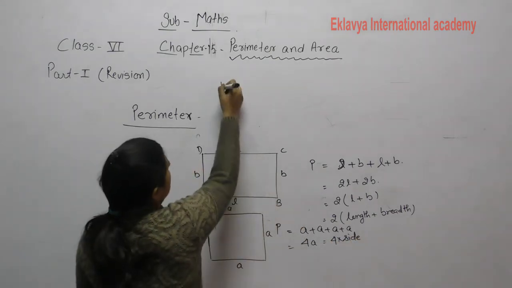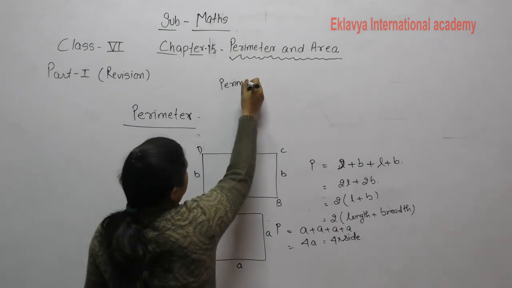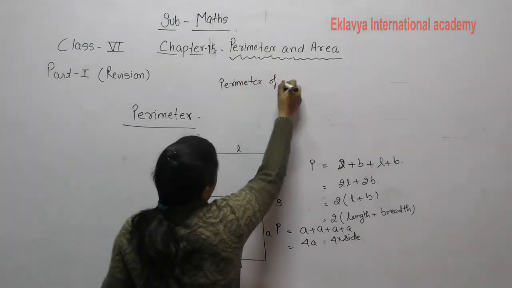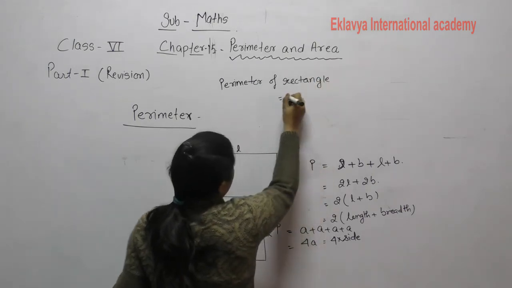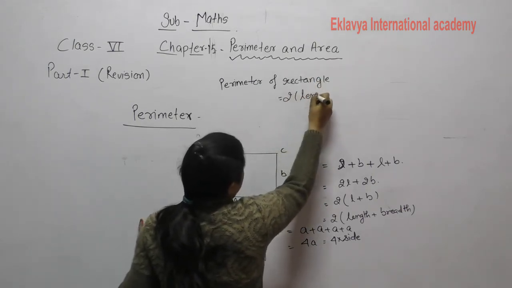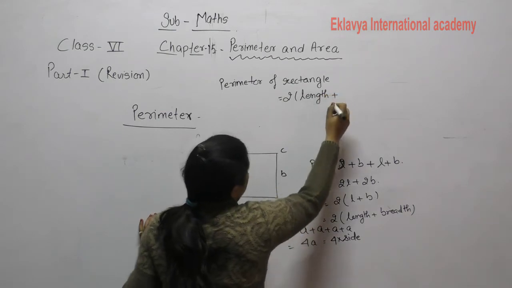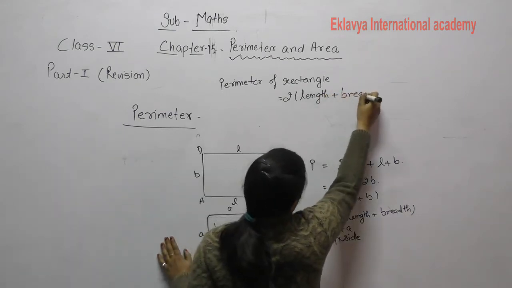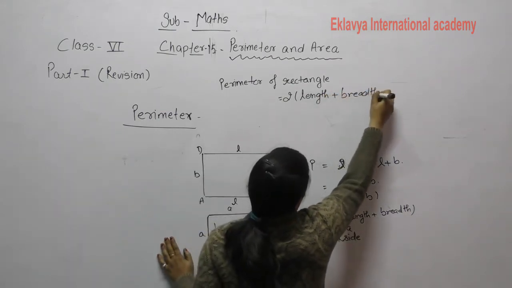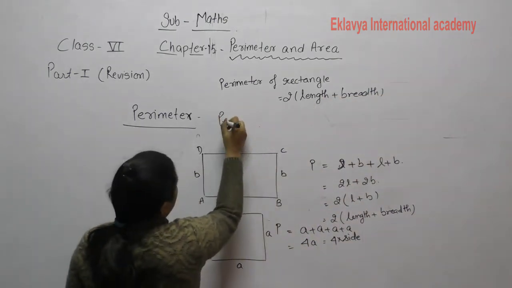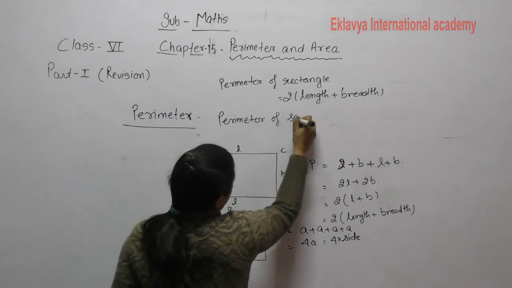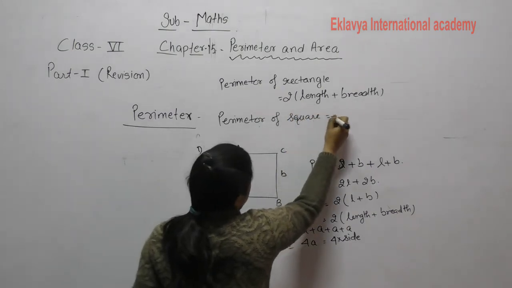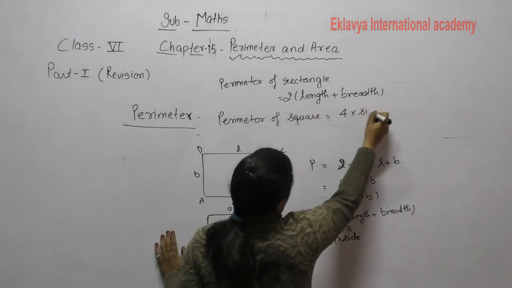So we can say the perimeter of a rectangle is equal to twice of length plus breadth, and the perimeter of a square is equal to 4 multiplied by side.